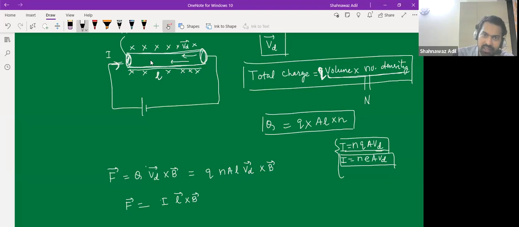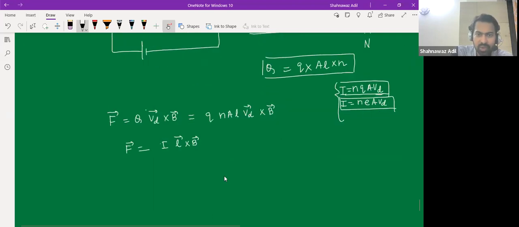L is in this direction, because current is flowing in this way. So L is in this direction. Magnetic field is inside. So what would be the angle between L and B?